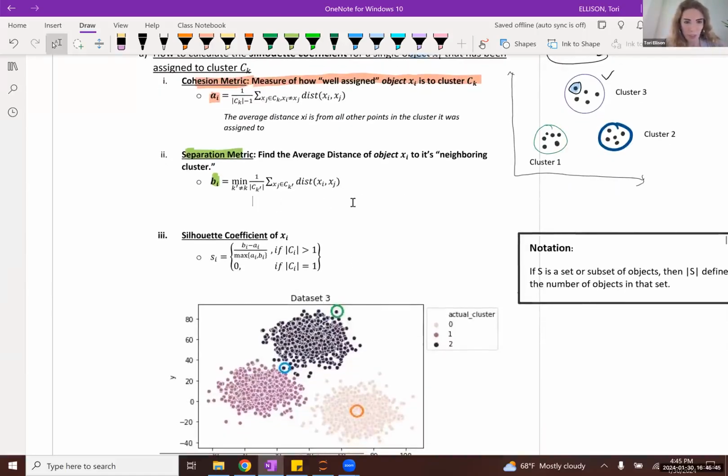For each cluster that it was not assigned to, we calculate the average distance XI is from all other points in the cluster it was not assigned to. Okay, so we calculate this average distance for all clusters that it was not assigned to. And then we basically find the minimum distance.